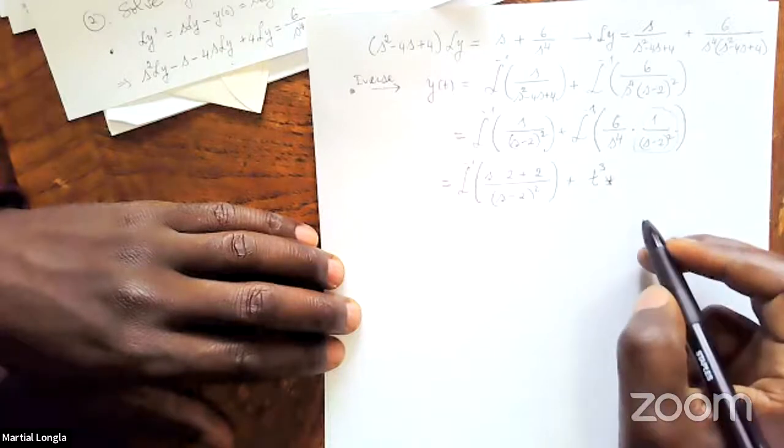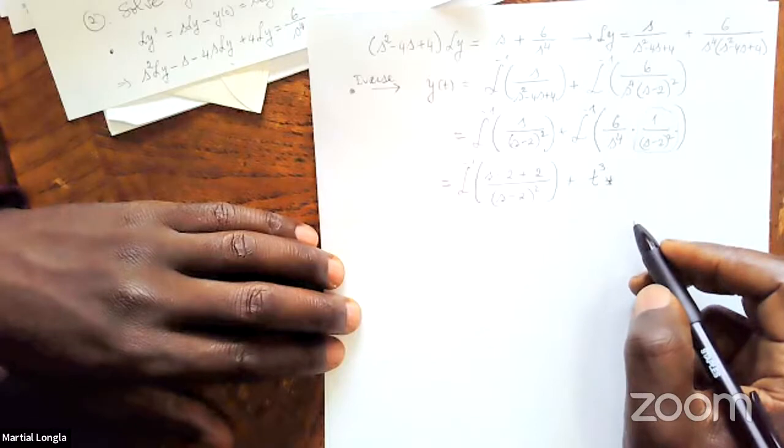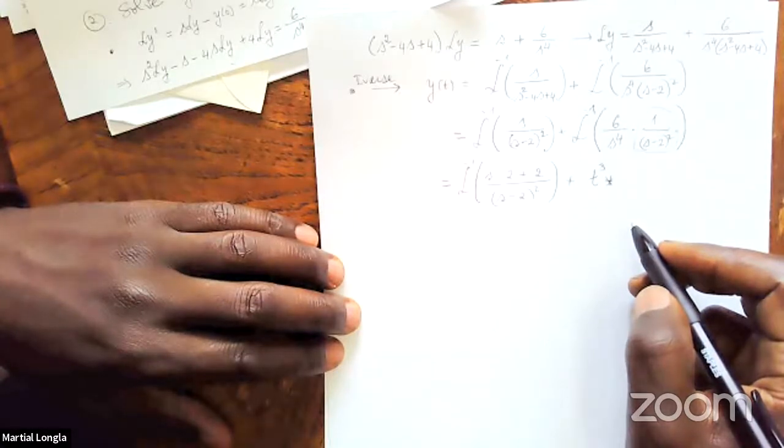Isn't this where you use the negative derivative with respect to s?